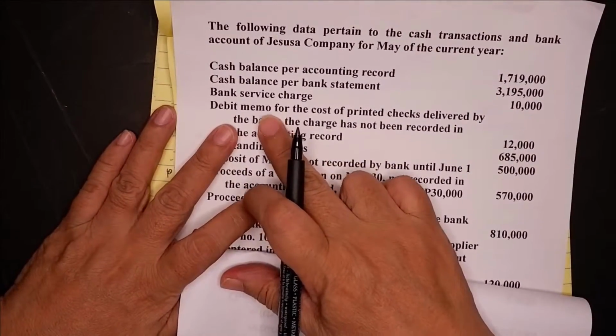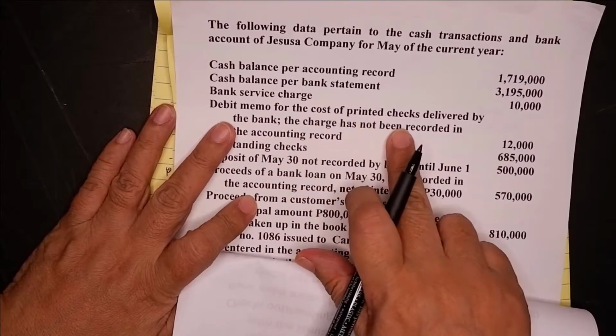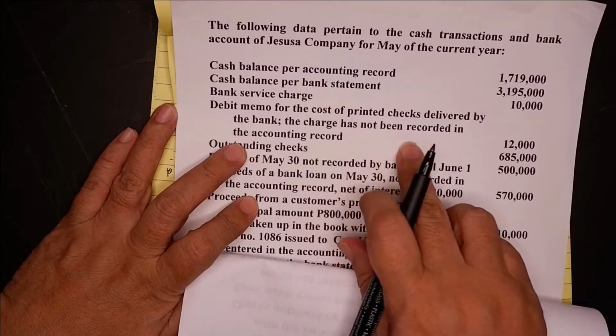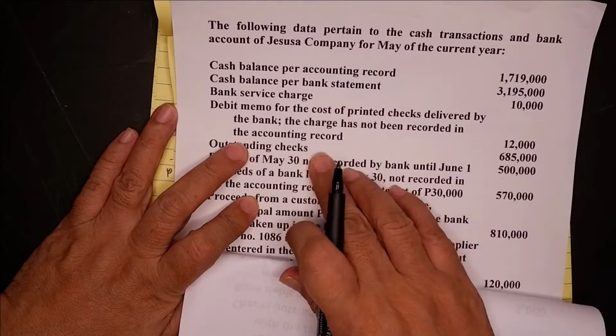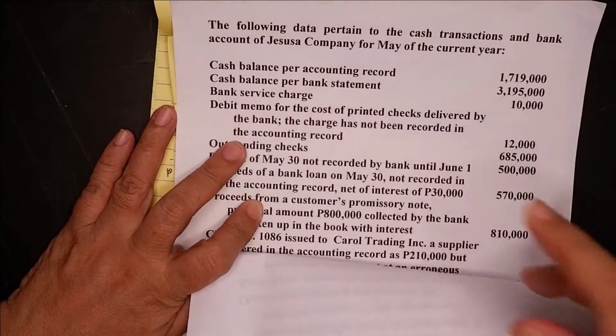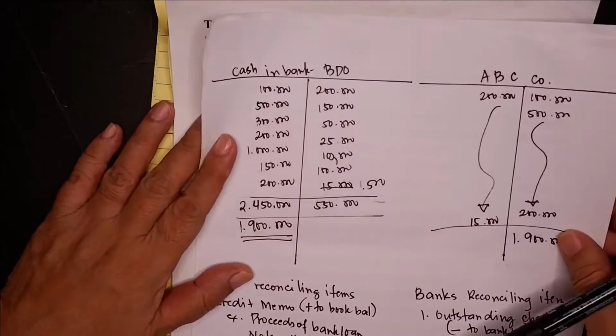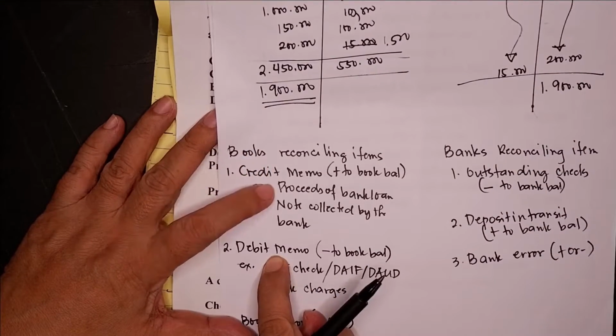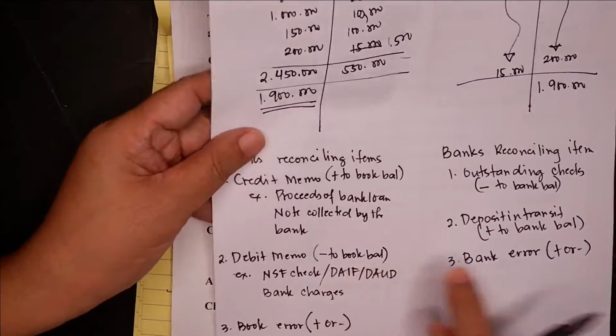Next is the debit memo for the cost of printed checks delivered by the bank. The charge has not been recorded in the accounting record. That is 12,000. That is a debit memo. Whose reconciling item is that? Again, that is also a book's reconciling item, minus to book balance.